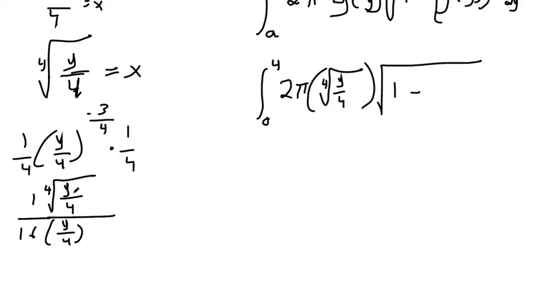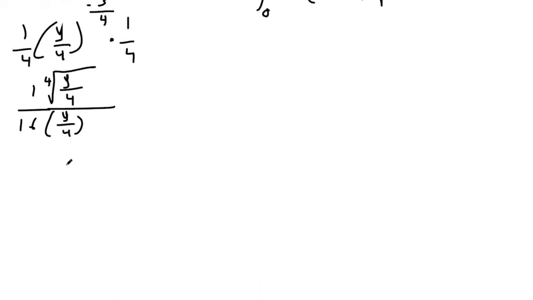Because this is something to the 1/4 power, and this is something to the first power. So 1/4 minus 1 makes negative 3/4, just like it's supposed to. And then this is still the fourth root. And then down here, 16 times y over 4, that makes 4y.